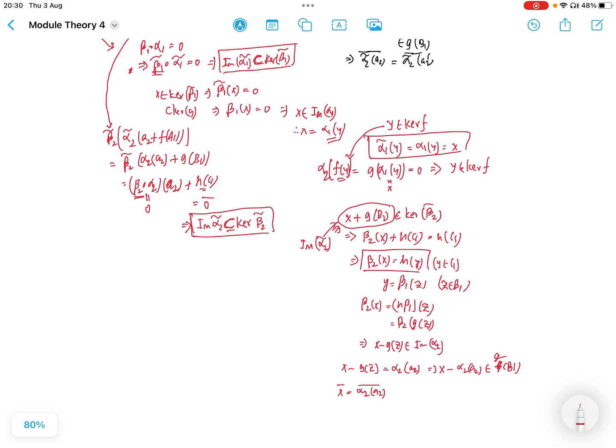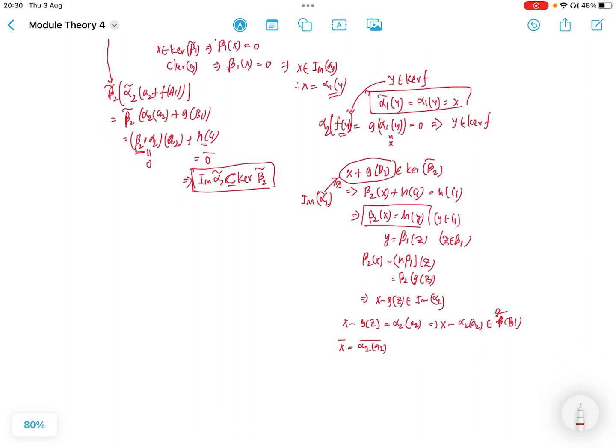So we're done, just because we started with this element x bar. x bar is nothing but x plus image of G, and that is the same if you write it as alpha 2 tilde. So we got this pre-image as A2, and that is f of A1. So we get this as a pre-image under alpha 2 tilde. So precisely this is the pre-image, and this is the kernel.